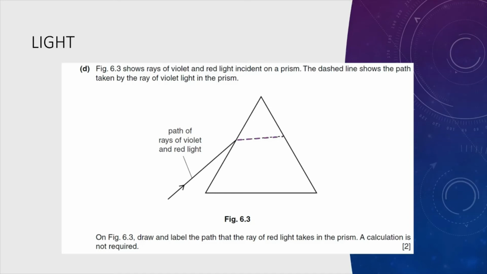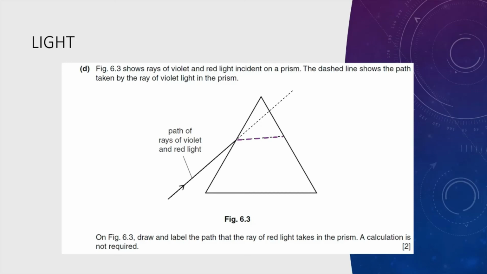Then, let's extend the path taken by the ray of light when there is no refraction. Like that. Because the ray of light passes through 2 different mediums, refraction happens. The ray of light will be bent closer to the normal line since the glass prism has a larger refractive index compared to the air.